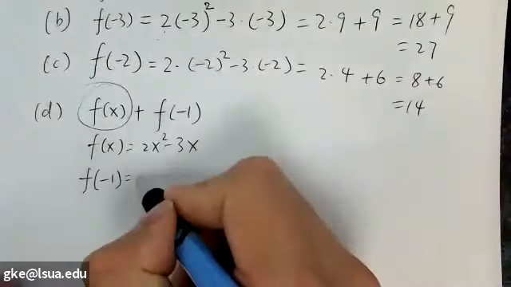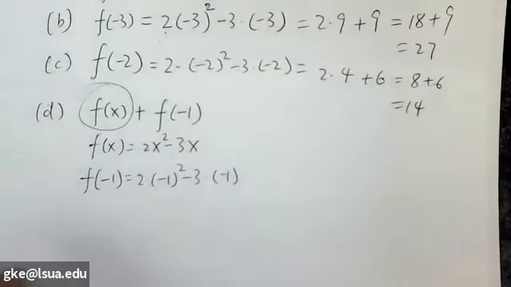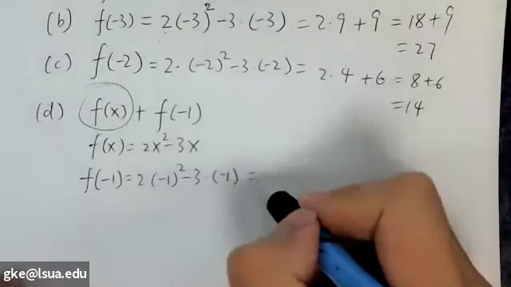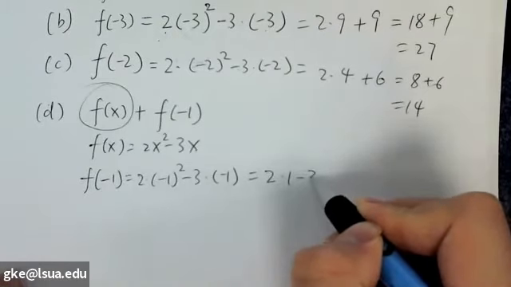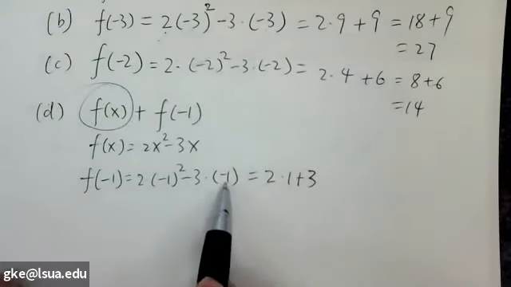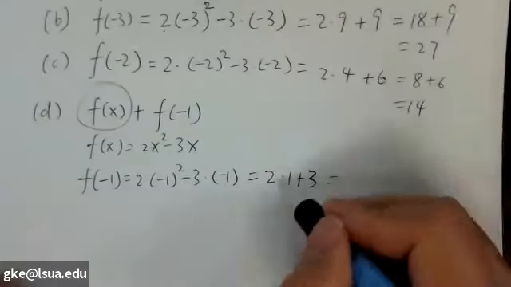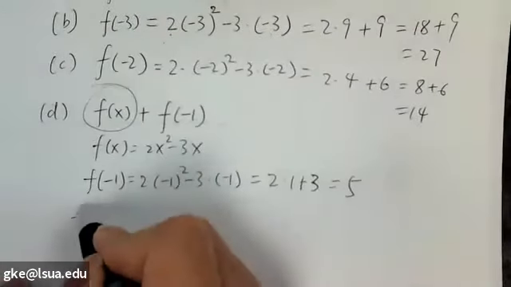So we have 2 times negative 1 squared minus 3 times negative 1. What we get is 2 times 1, and negative 3 times negative 1 is 3. So it's 5.